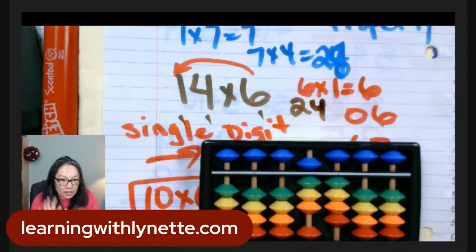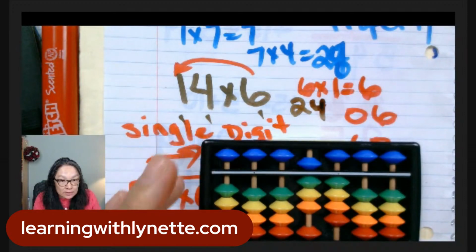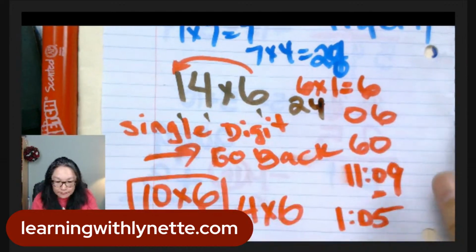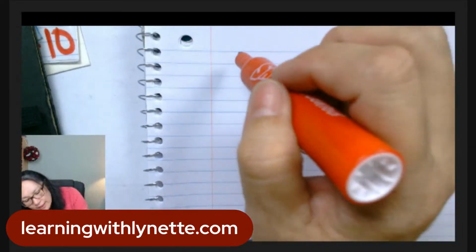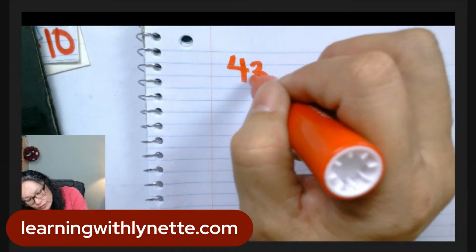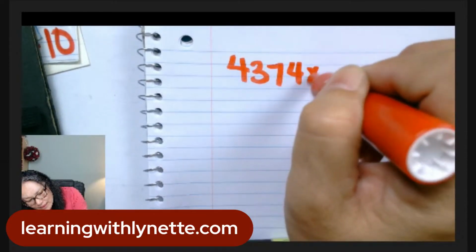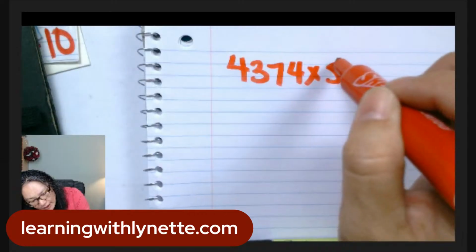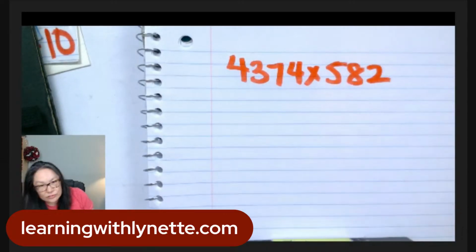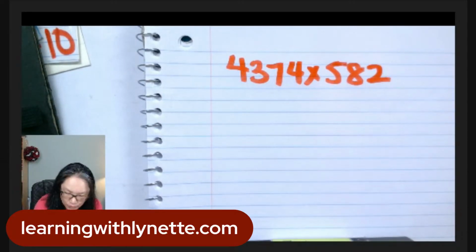Right? Okay. So let's make it more complicated. The reason why I don't do 10 times 60 is because the numbers can get bigger, right? So we do 4374 times 582. Now it gets really complicated.